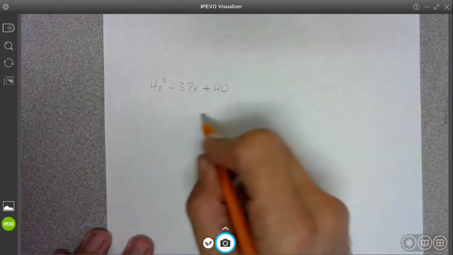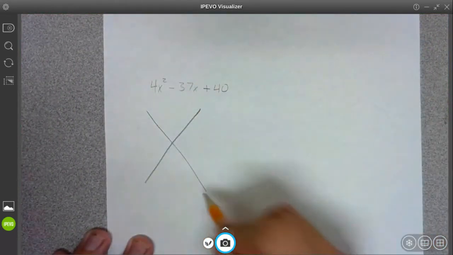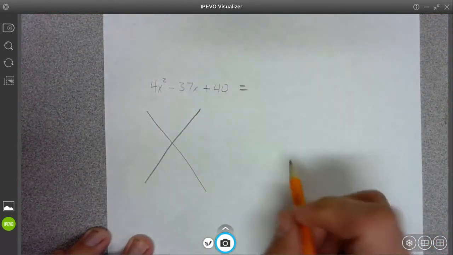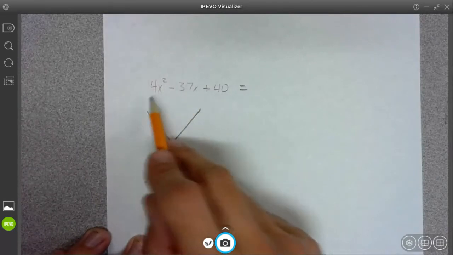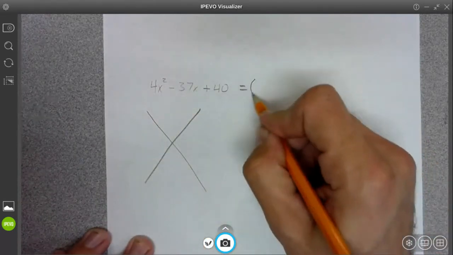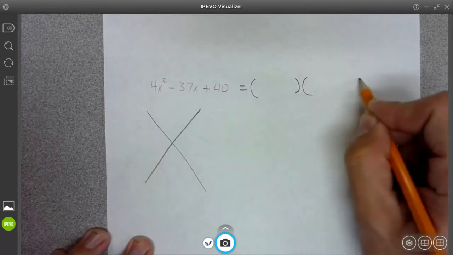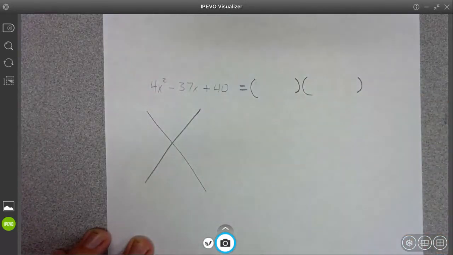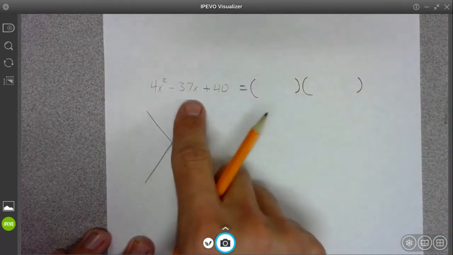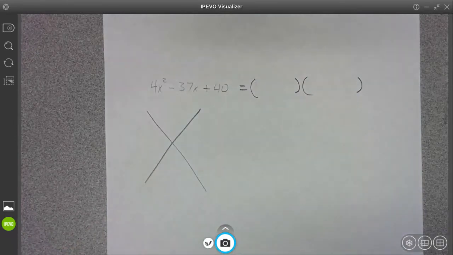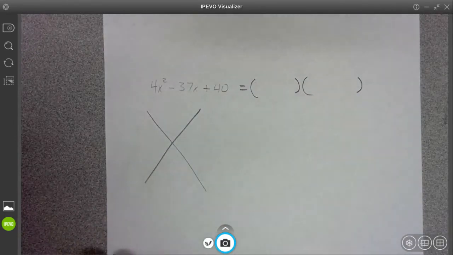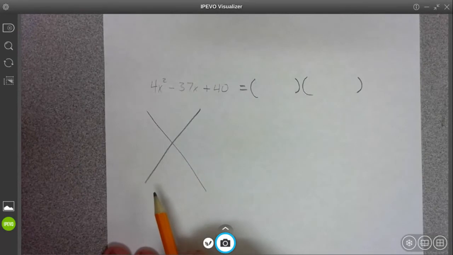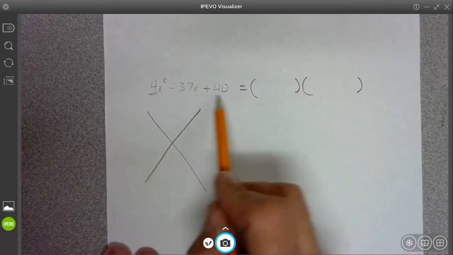Okay, I'll draw my big X. All right, there's no number that goes into all three of those. Always check for that. It makes your life easier. Actually, you have to do that whenever you're doing this method. If you don't factor out the GCF, this little method will not work. All right, do A times C. So 4 times 40.